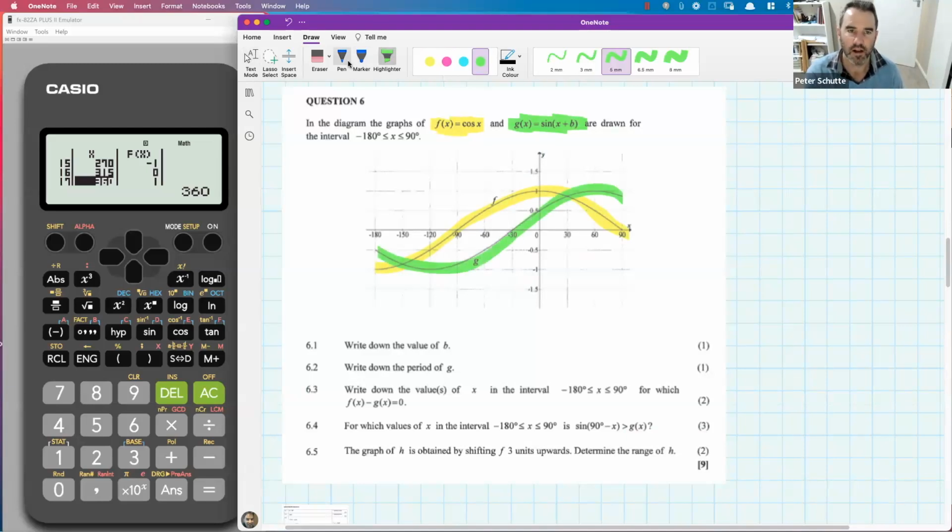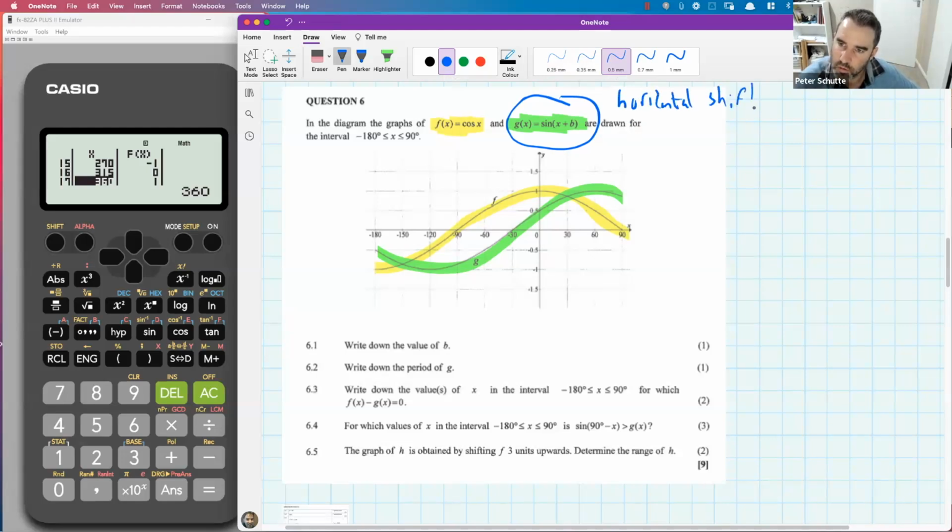Now, I want to ask, what is the transformation that has happened on the green sine graph? What type of transformation has happened to that graph? What is the x plus b doing? What is it doing? Yes. So this is a horizontal shift. This is a horizontal shift.